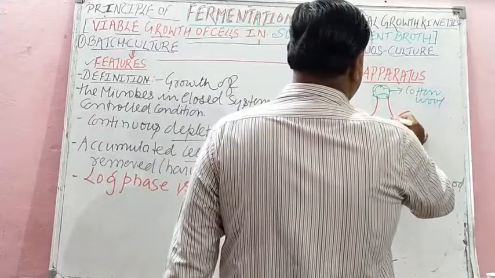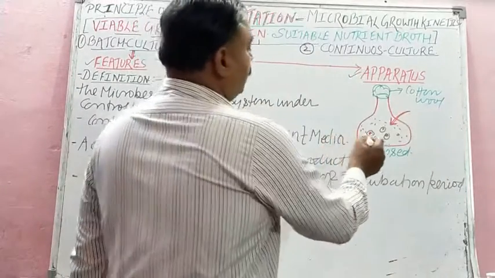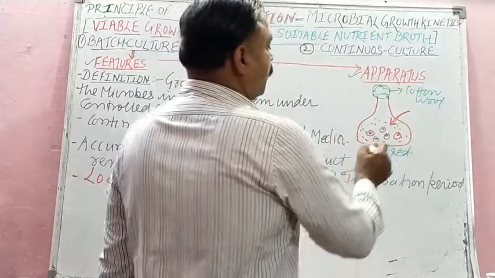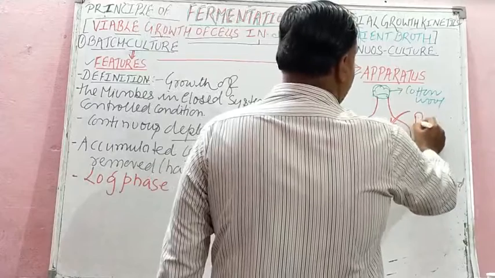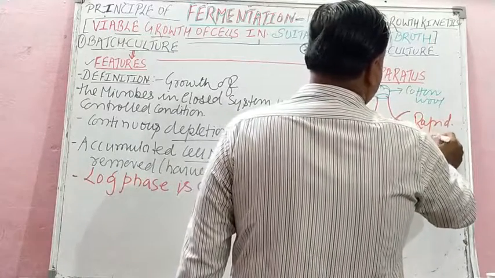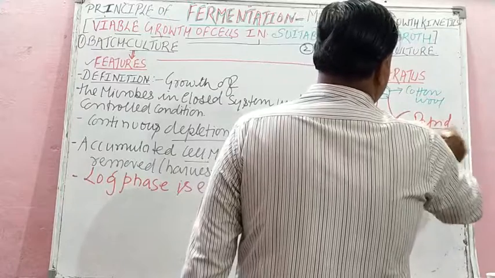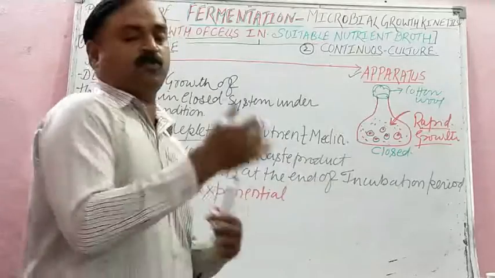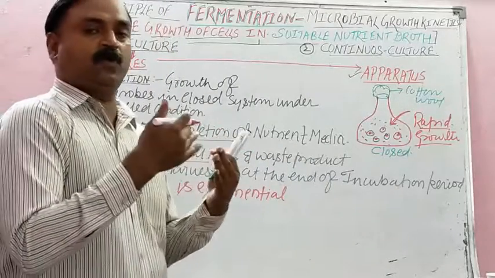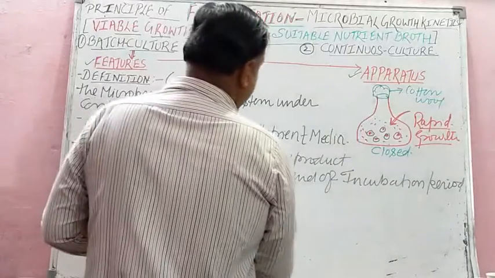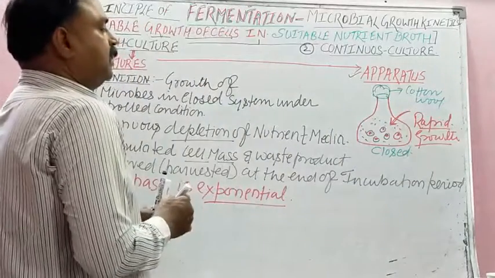Log phase means it is the phase when the microbes absorb the nutrient medium and grow rapidly. Rapid growth after absorbing the nutrient broth. It grows very rapidly. Exponential means 2, 4, 8, 16 and so on. So the log phase is very fast, exponential, isn't it?